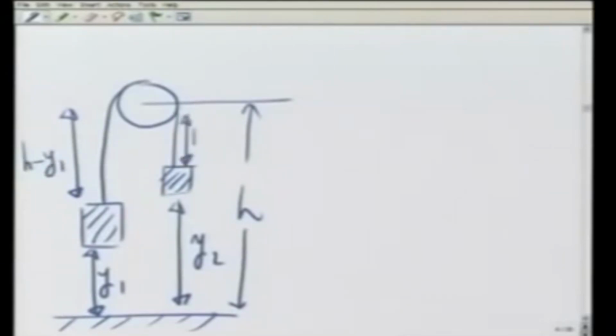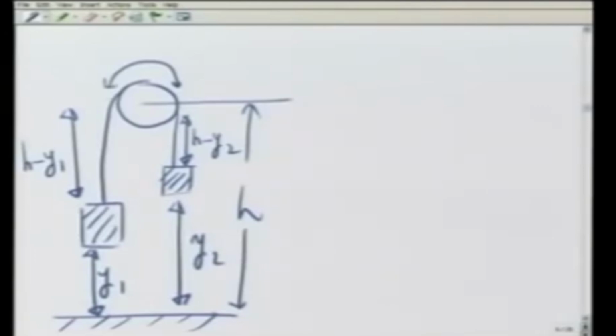And I can express this mathematically as this part, which is h minus y1, plus this part, which is h minus y2, plus this part, which is of constant length.